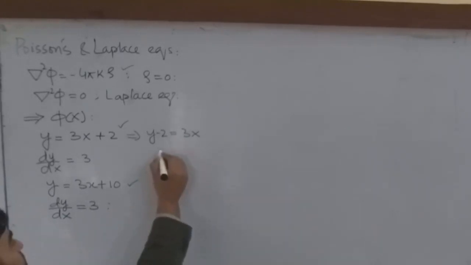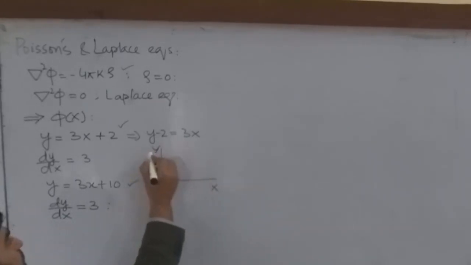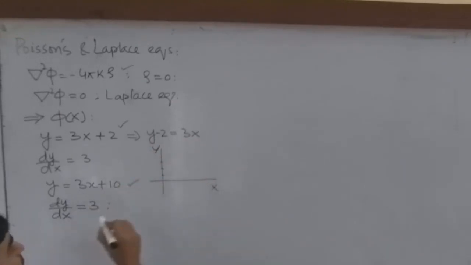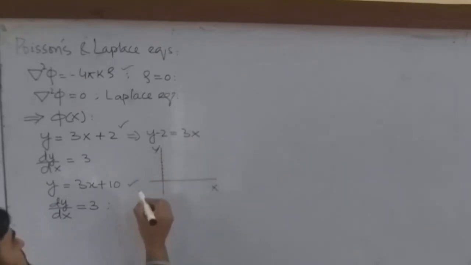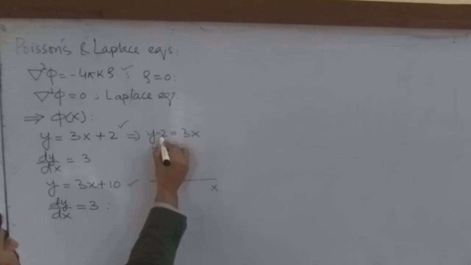If this is x and this is y, and this is 1, 2, 3, 4 and 5, let me subdivide them so that I can plot the other one as well: 1, 2, 3, 4, 5, 6, 7, 8, 9, 10 and then 11 and so on.